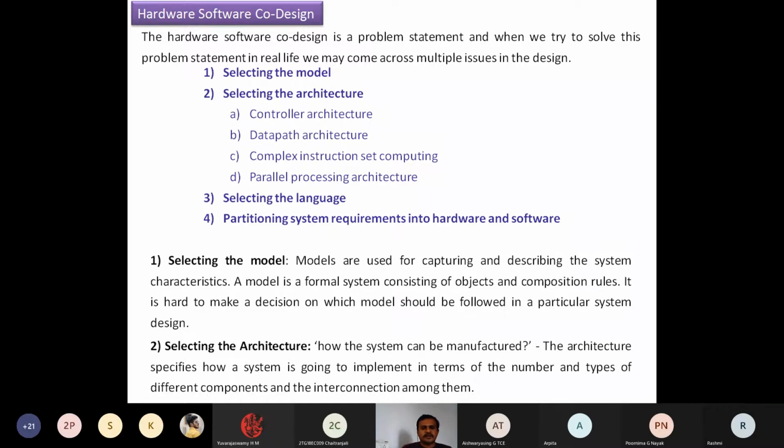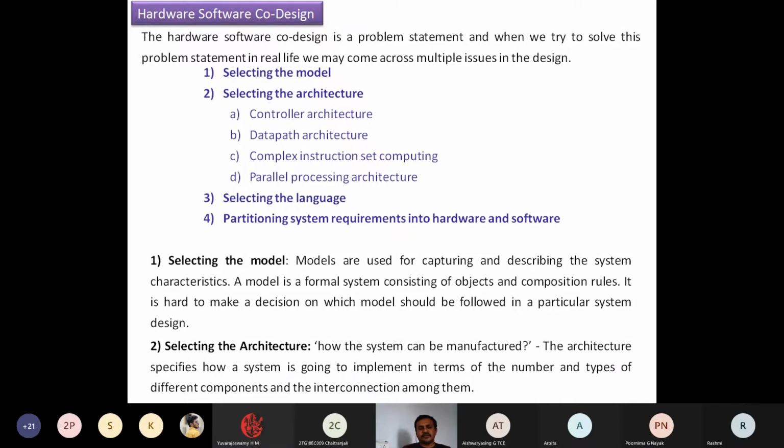Then comes the selecting the architecture. It is nothing but how the system will be implemented, the architecture, how the system can be manufactured. The architecture specifies how the system is going to implement in terms of numbers and types of different components and interconnection among them. So here, nothing but as the name indicates, architecture.